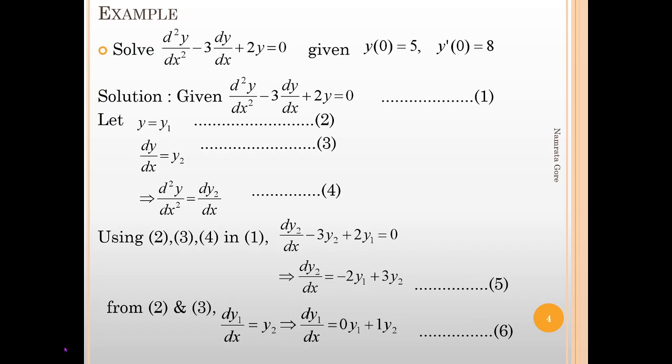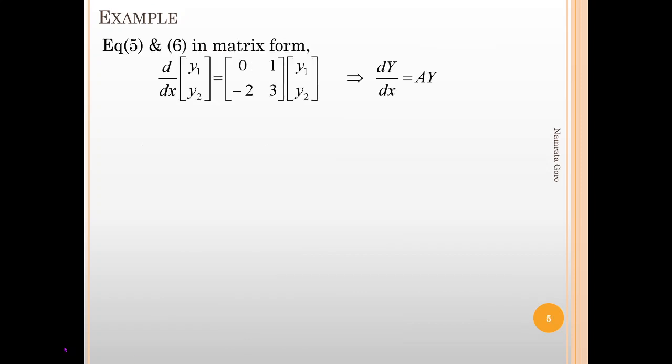Equations 5 and 6 we can convert into matrix form as d by dx of y1, y2 equal to 0, which was the coefficient of y1 for dy1 by dx, and 1 was the coefficient of y2 for dy1 by dx. Similarly, minus 2 and 3 were coefficients of y1 and y2.